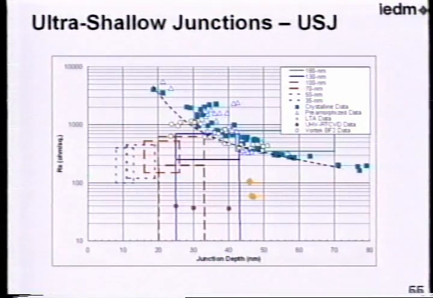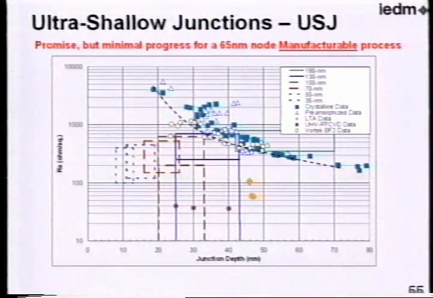And if you really extend these boxes down, which is okay, then you can see the junction depths are okay for these. But integrating these technologies into the process in any near-term fashion is probably limited. So I would say that there's promise, but minimal progress to get below 65 for a manufacturable process for ultra-shallow junctions at the state right now, and I'm talking about the extensions.